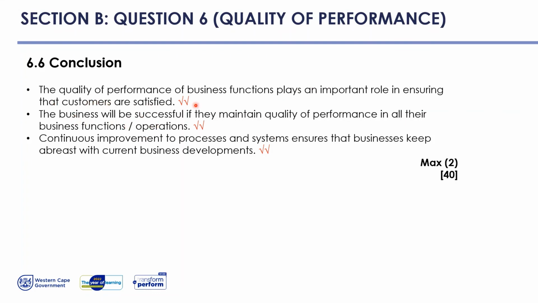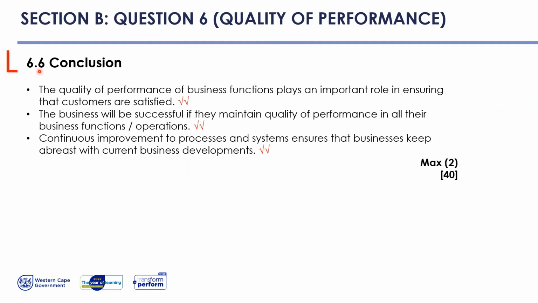The business will also be successful if they maintain quality of performance in their business functions and operations. And remember that continuous improvement to processes and systems ensures that businesses keep abreast with the current business developments that are taking place out there. Now, remember that you get another L mark indicated in the left-hand margin, and that second L is a layout mark.